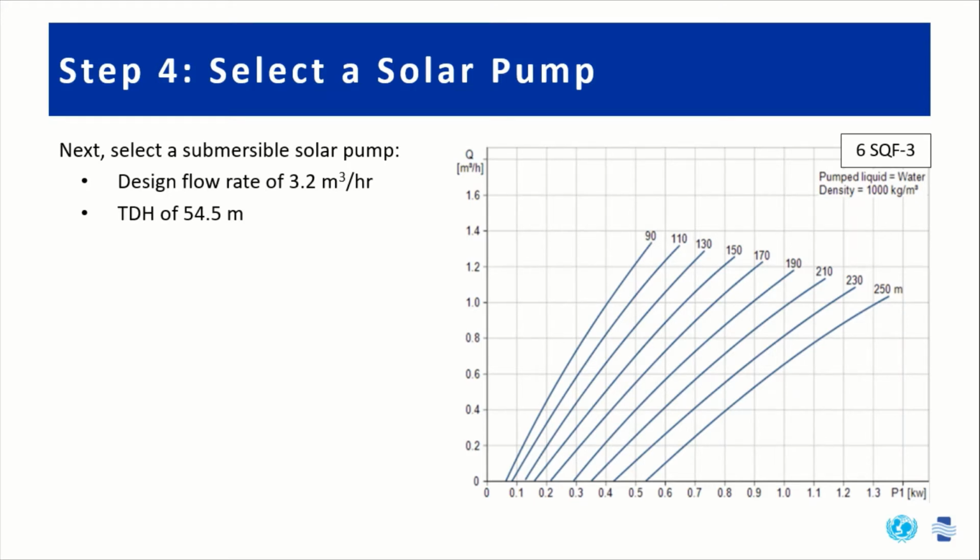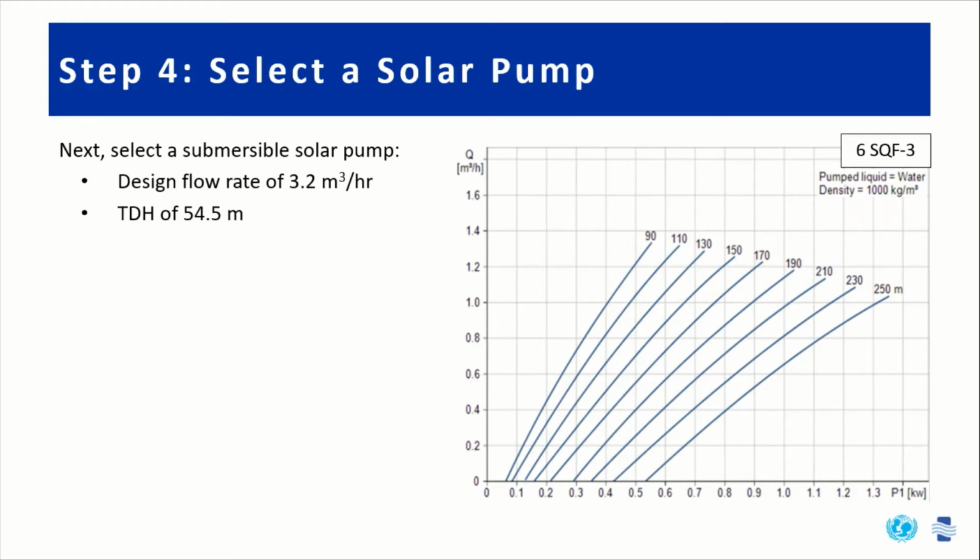For a Grundfos solar pump, specifically a submersible solar pump, we would look on the Grundfos SQ Flex product page and download the SQ Flex Renewable Energy-Based Water Supply Systems data booklet from the documentation tabs to view the available SQ Flex pump curves.